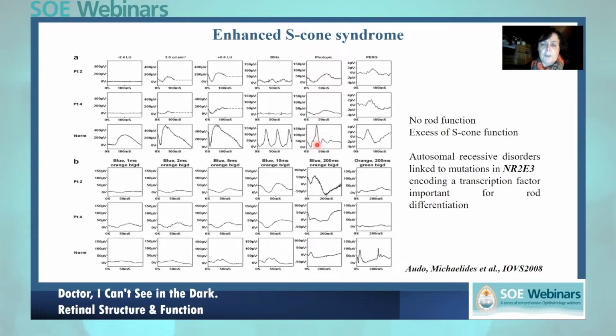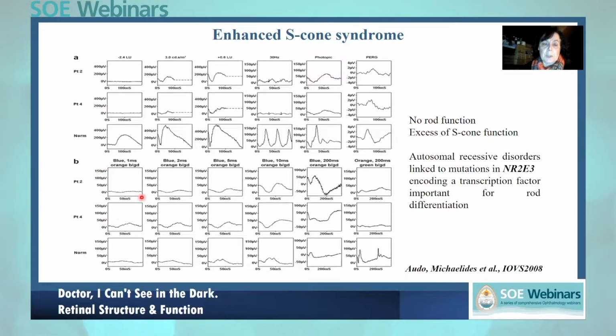a single flash under photopic conditions. But also the flicker response has an amplitude that is below the amplitude of the a-wave to a single flash, whereas usually the amplitude of the flicker should be between the a-wave and the b-wave of the single flash. This is very characteristic.